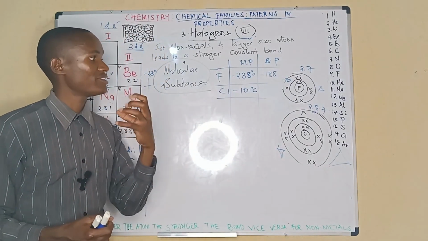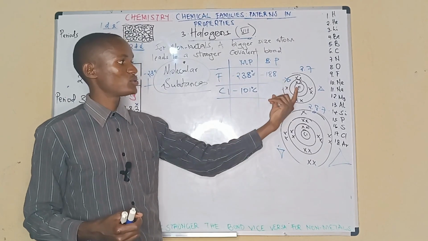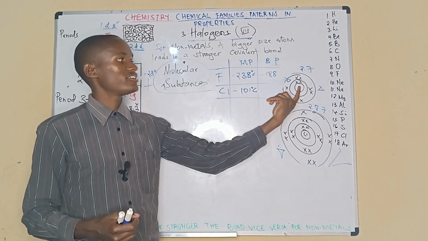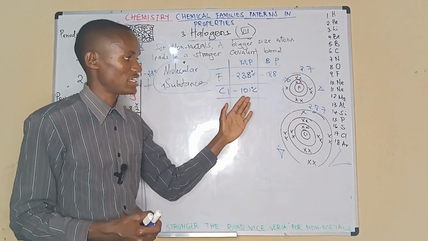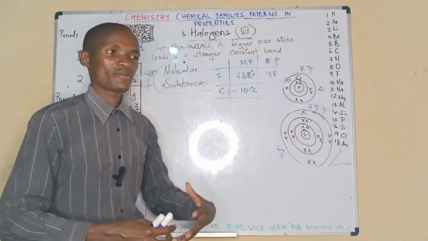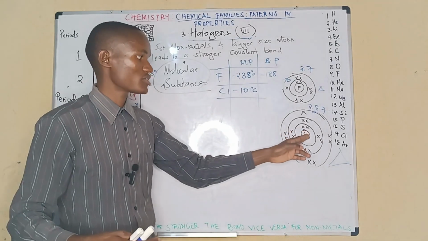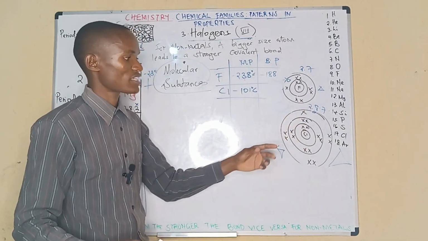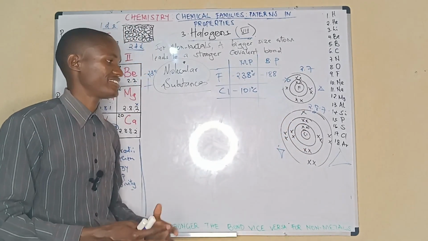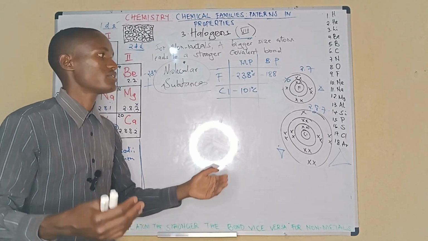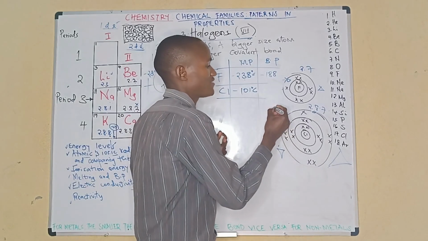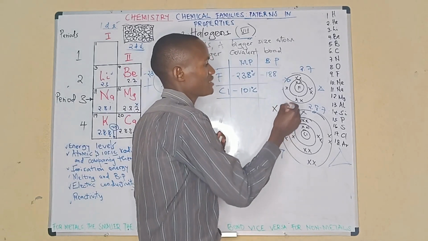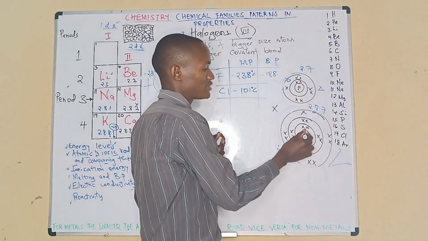In fluorine, we have a higher nuclear charge that translates to electrons being pulled closer to it easily. But for chlorine, it is a big atom. 17 protons, 17 electrons. It is not pulling them that much. There's a nuclear charge, but not as much as in fluorine. So, that is when we had said, assuming we have an electron outside here, this one has a high nuclear attraction as compared to this.